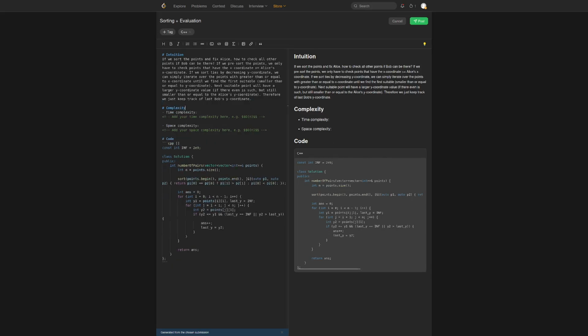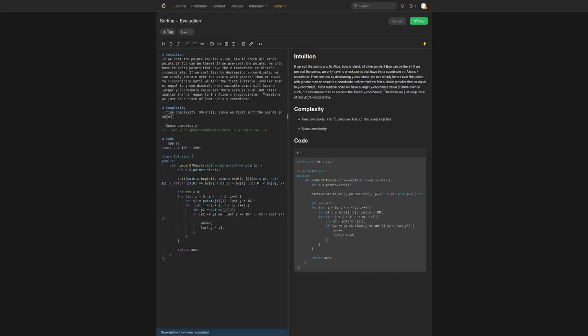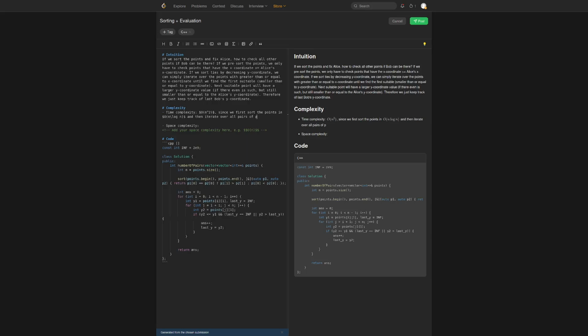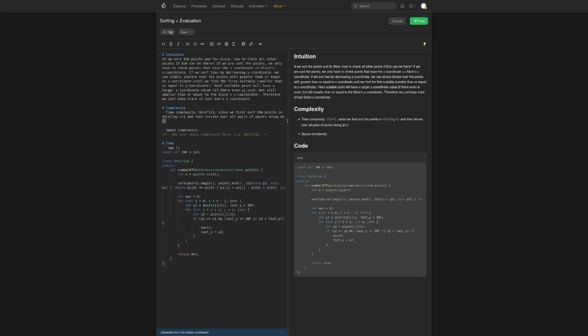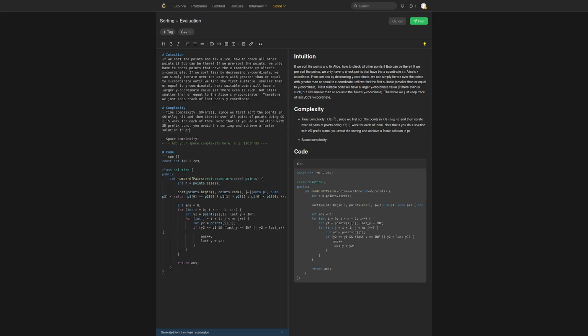That's it. O(n squared), since we first sort the points in O(n log n) and then iterate over all pairs of points doing O(1) work for each of them. Note that if you do a solution with 2D prefix sums, you avoid the sorting and achieve a faster solution in practice.